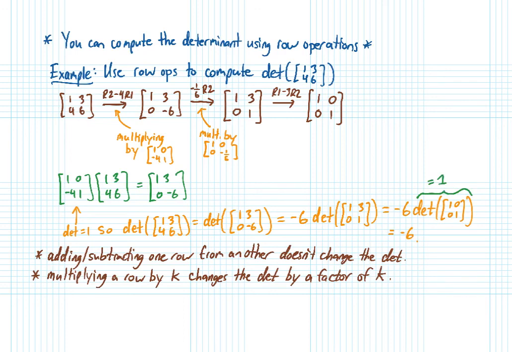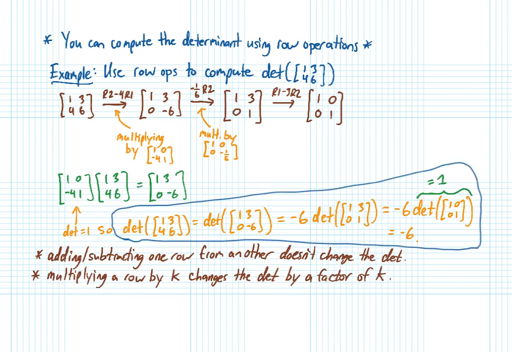Okay, now this might look like a lot of work, but part of why there's so much on the slide right now is because I needed to explain to you why everything works. Once you understand why it works, then the calculation you need to do is just the calculation involving the determinants. So that's not so bad. But then you still might say, yeah, but that's more work than calculating 1 times 6 minus 3 times 4.